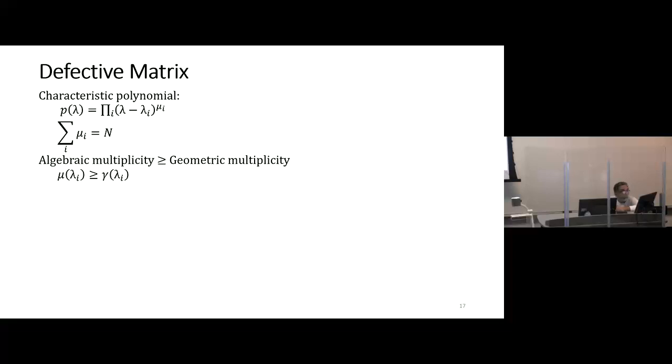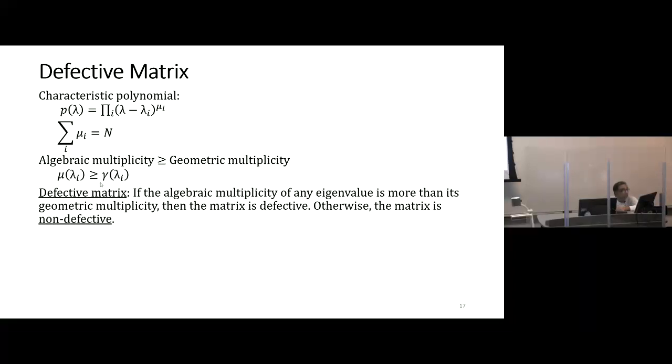However, if the geometric multiplicity is less than the algebraic multiplicity, as we saw in one of the previous examples, then the matrix is called a defective matrix. So we want the algebraic multiplicities to be equal to the geometric multiplicities for a non-defective matrix. In other words, the summation over i of gamma i should be equal to n for a non-defective matrix. In fact, a singular matrix could be non-defective.